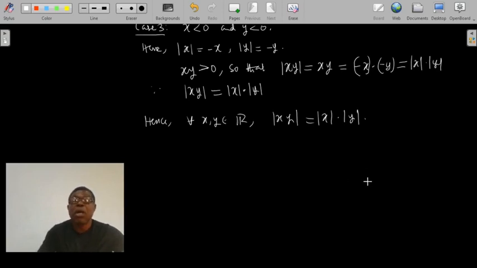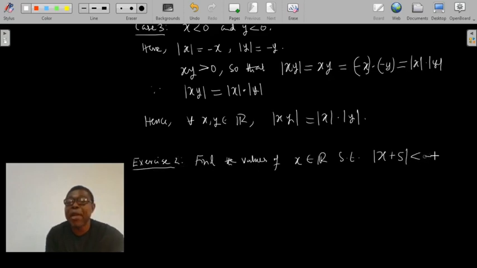Now, let us look at another exercise. Let me call this one exercise number 2. The absolute value is less than minus 2. When this kind of thing comes, one should recall that where we have this kind of inequality, we require that m, for instance, be greater or equal to 0.